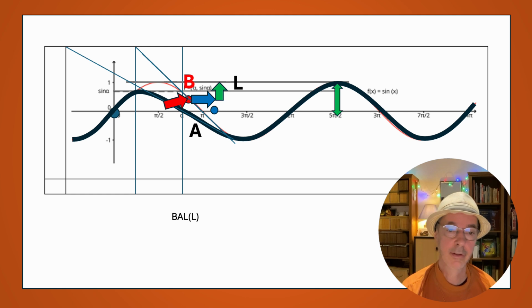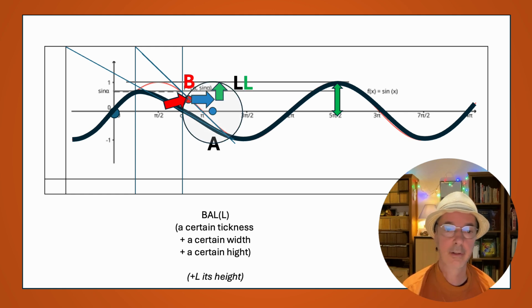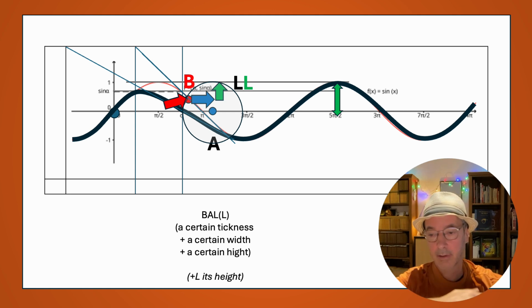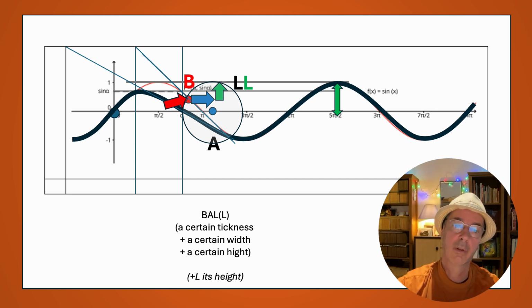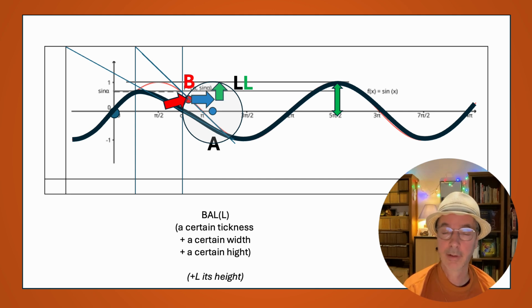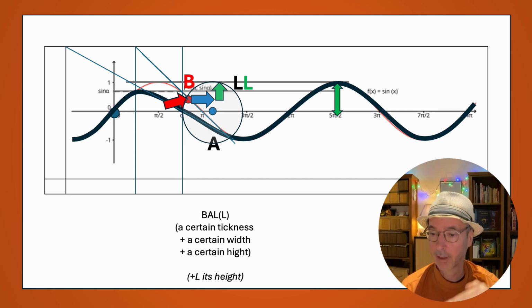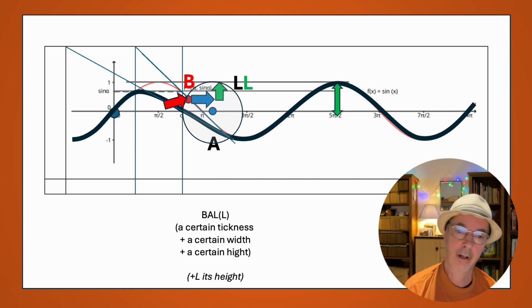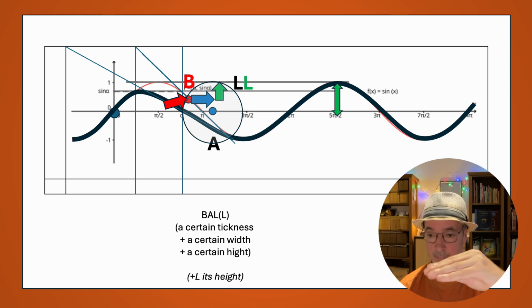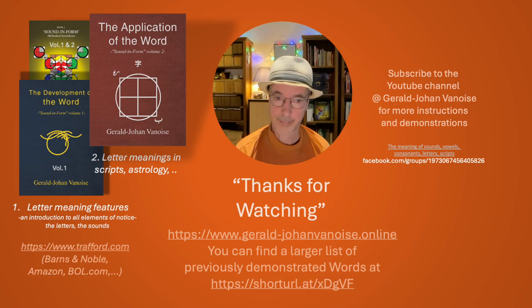The ball, for instance: vertical, horizontal, diagonal. If you have, also there's a thickness variety in the B, and then a horizontal and vertical in the same size. So I am able to express my ball here, eventually with the extra L that gives it also an extra variation in thickness on the top.